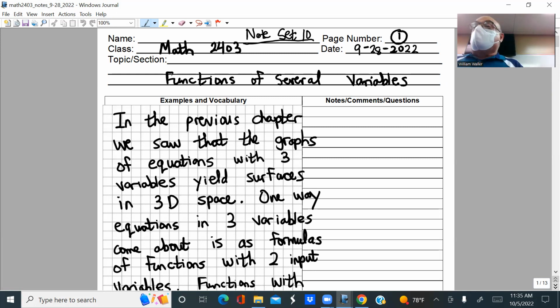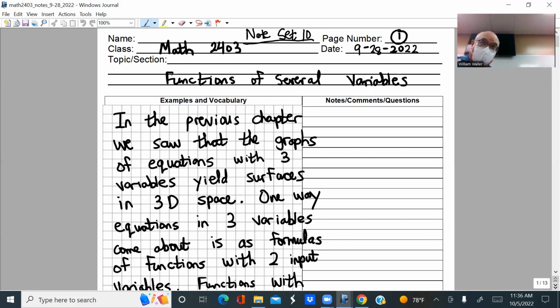Last time we were talking about graphing surfaces of equations with 3 variables in 3-dimensional space. One way that you get equations in 3 variables in practice is by looking at functions where you have 2 input variables.